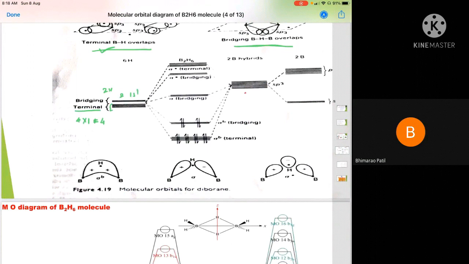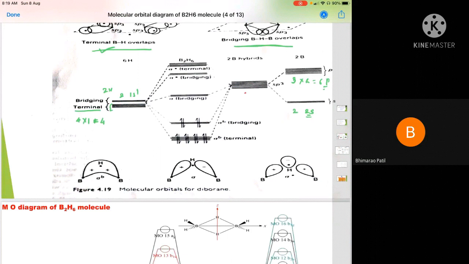Now, if you go to the boron, how many boron atoms are present in B2H6? 2. Therefore here you see the 2 2s atomic orbitals are present from the 2 boron atoms, and here 3 p atomic orbitals from each boron atom, and the total becomes 6 p atomic orbitals.